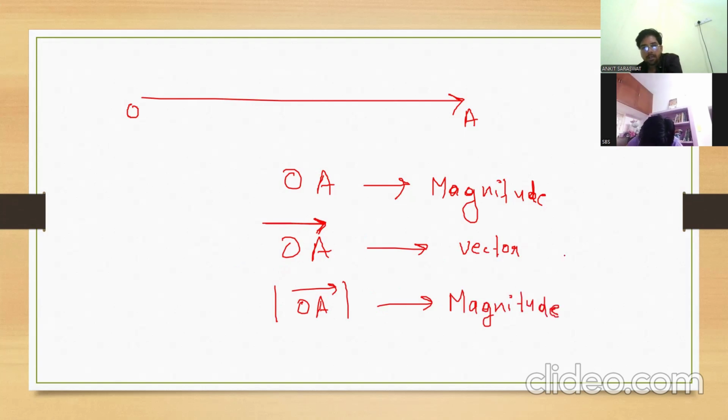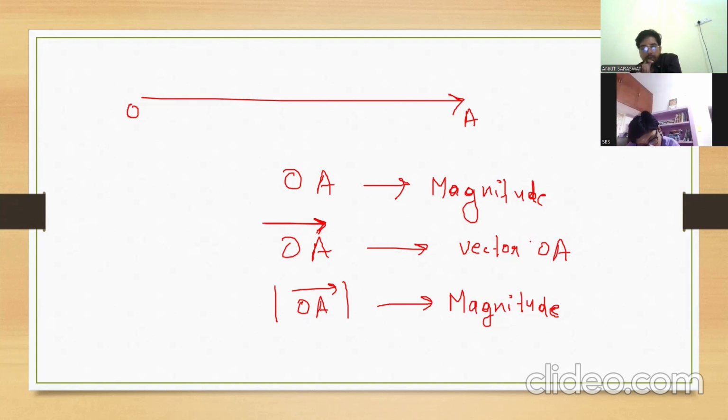How to read this? Vector OA. Vector OA. Modulus OA means magnitude.